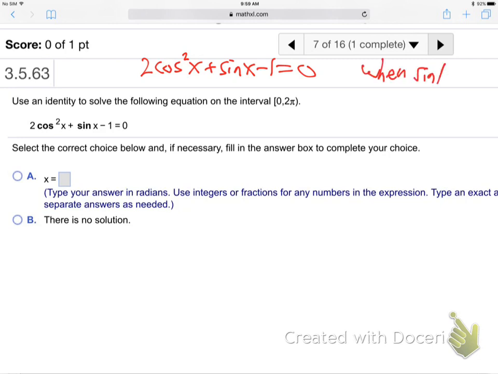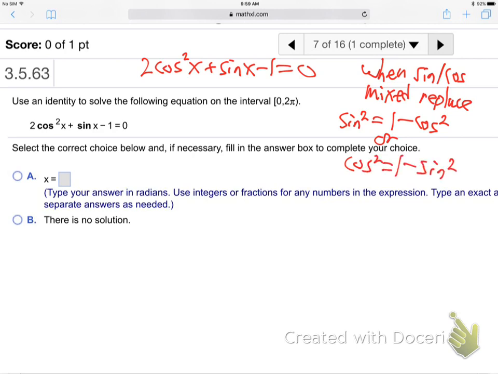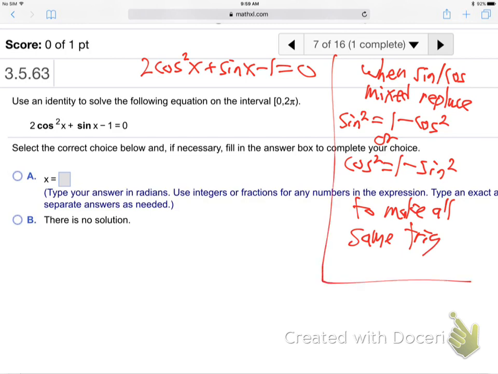When sine and cosine are mixed, replace sine squared with 1 minus cosine squared, or cosine squared with 1 minus sine squared, to make all the same.